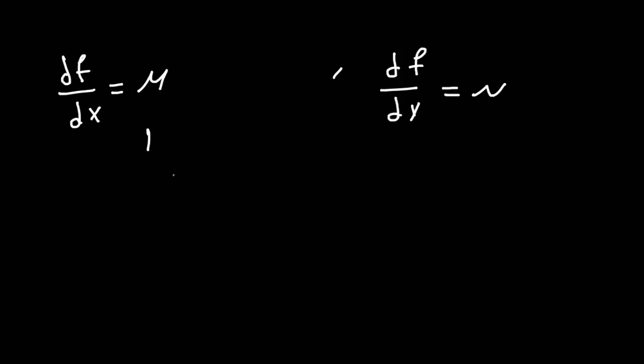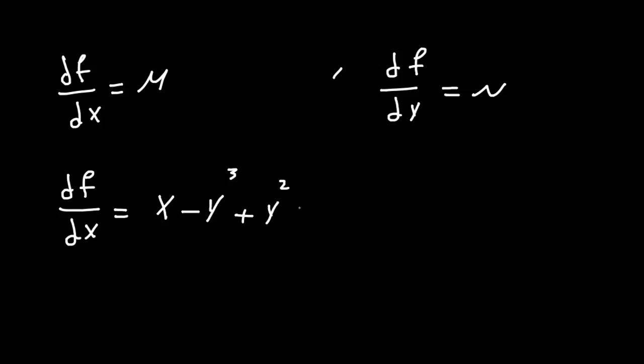So I'm going to find df with respect to dx, and I'm going to set this equal to M. So let's try this. df divided by dx equals M. Well, what is M? M is x minus y cubed plus y squared sine x.